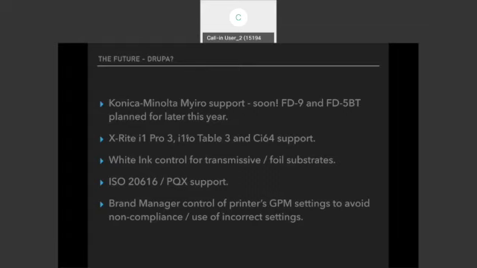For anyone that doesn't know what 20616 is, it is essentially the print quality exchange format, the ISO that defines how to write print quality data into a file, including job details rather than just measurement details, so that a file written by one application can be imported into another application. So at some point, possibly for Drupal, that may be included.